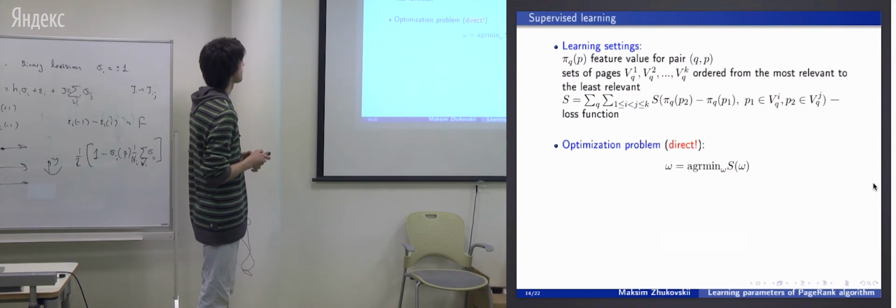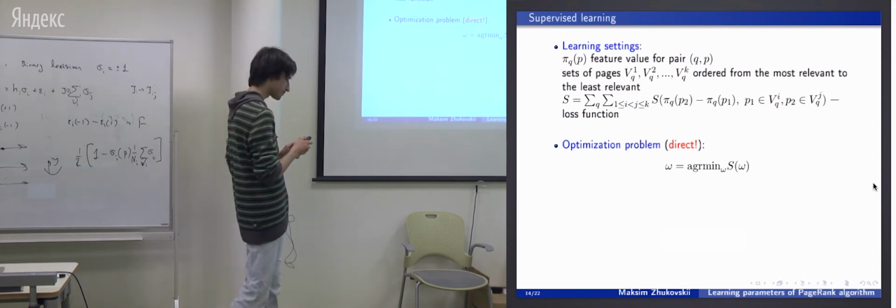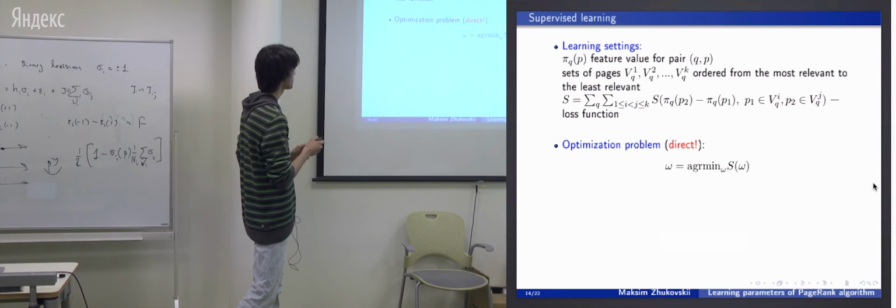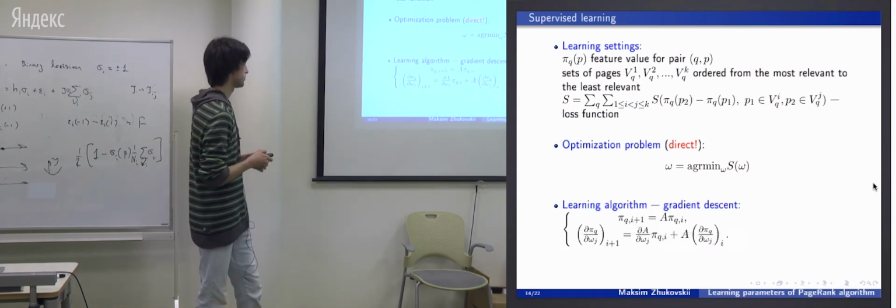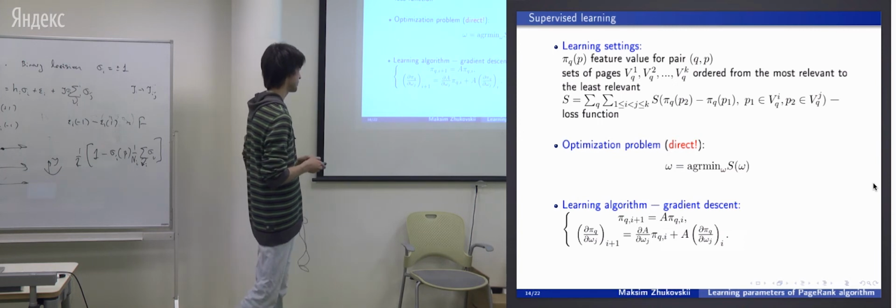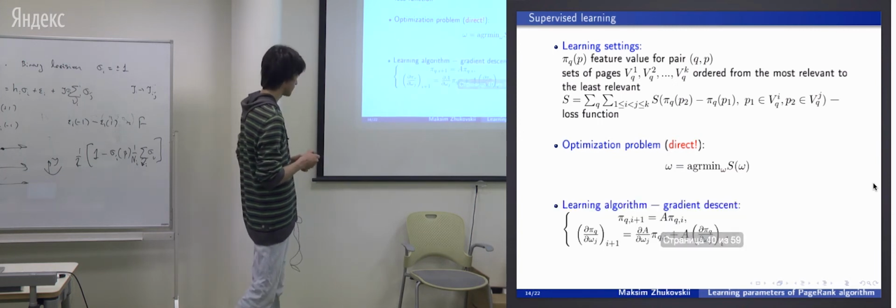We consider some continuous loss function, and we consider a direct optimization problem. So we want to find the derivatives of pi with respect to omega, and it can be done by the following algorithm.